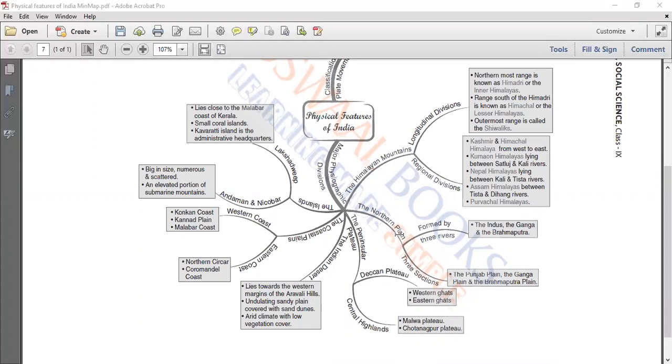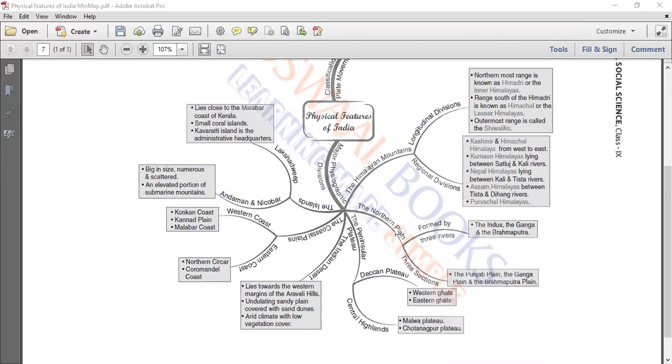This is a wonderful mind map. I can give you a suggestion: if you can draw it out and put it up visually, you will look at it every day and learn it faster. We have already learned about the physical features.